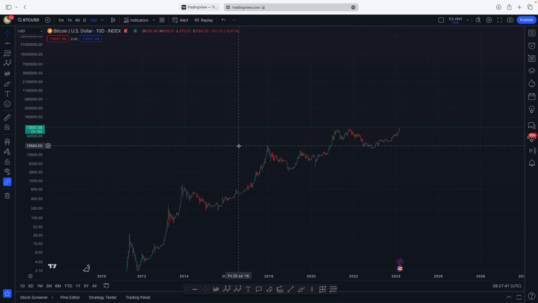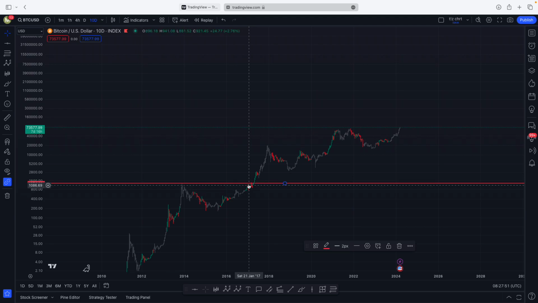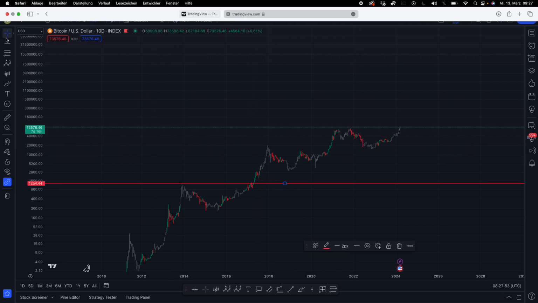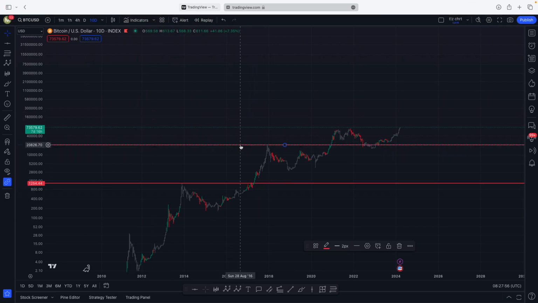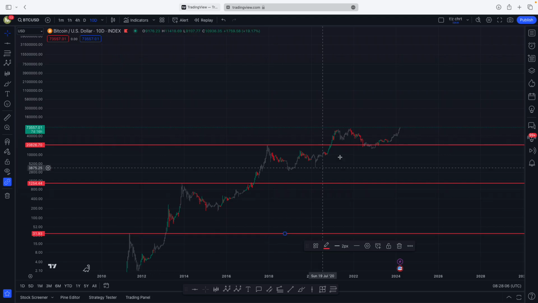Also, once we break all-time high and we really break it, I just want to show you here, boom, we have a heavy run up. Here as well for Bitcoin, we broke all-time high and boom, heavy run up. And now we can do the same. Here it is not legit. This one, boom, then you have a nice run up. And now Bitcoin really broke the old all-time high.